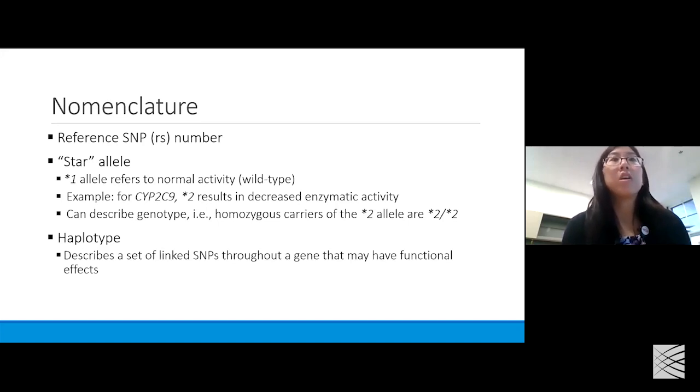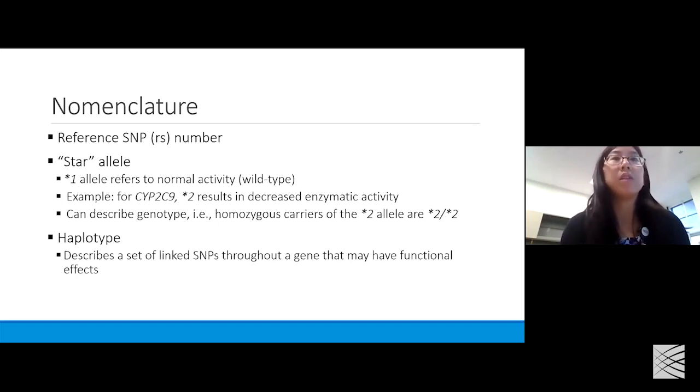And so this nomenclature has been developed to reflect changes in activity due to polymorphism. So the STAR1 allele typically refers to normal activity or wild type, whereas STAR2, depending on the gene, could be decreased enzymatic activity, increased activity, or no activity, depending on the specific gene. And you can't really infer that STAR2 is in one direction or another.